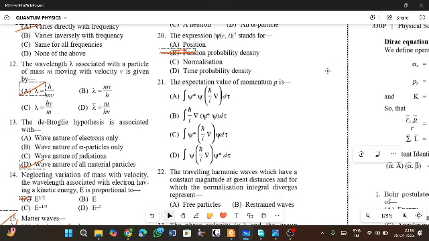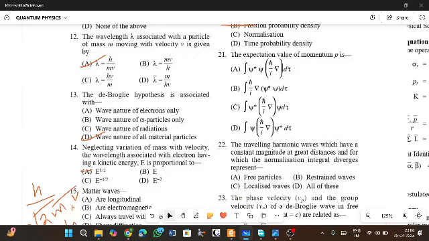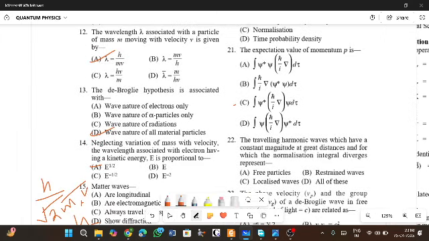Here, instead of A, we will have the corresponding momentum operator. So integration of psi star h cross by i del psi d tau, which is nothing but psi star h by i del psi d tau. So option C is the correct answer.